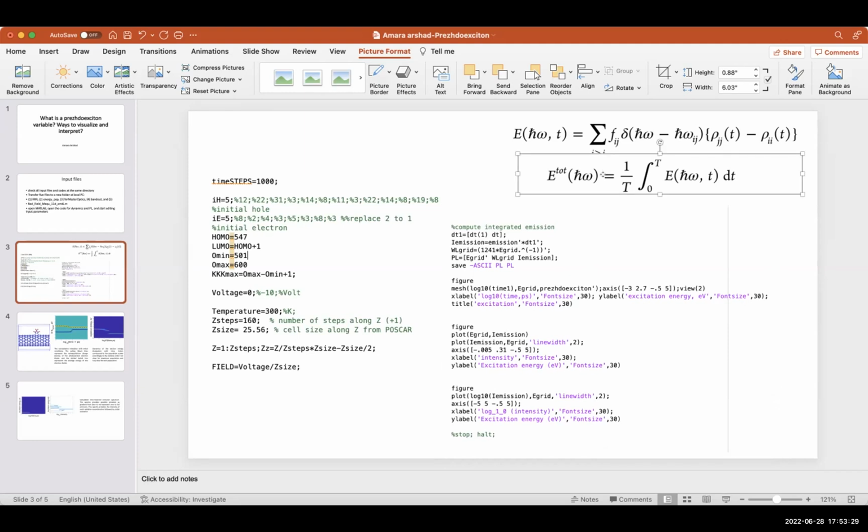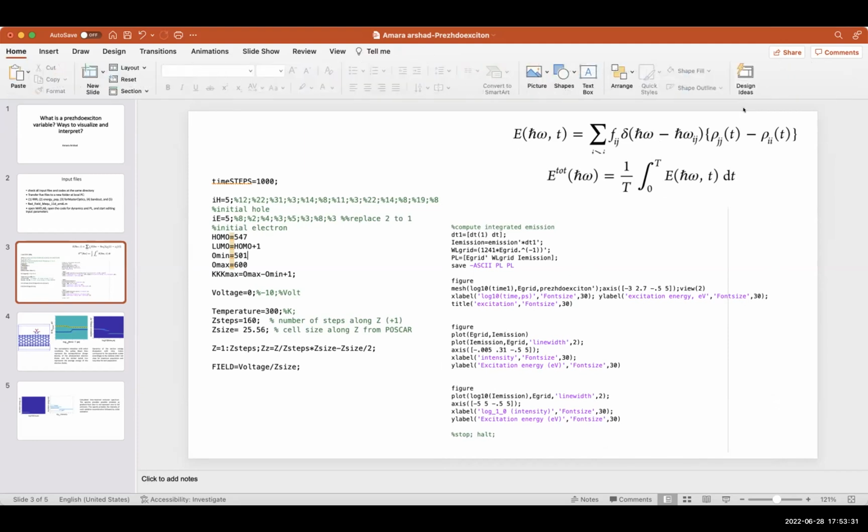And these are the equations that are explained by the professor, in which one is time resolved emission and one is time integrated emission.